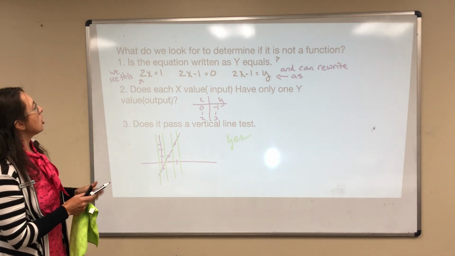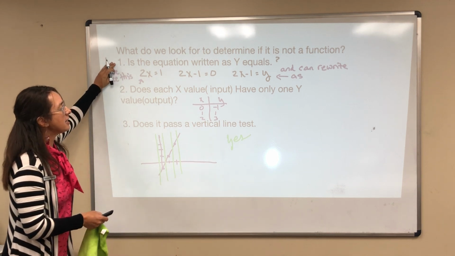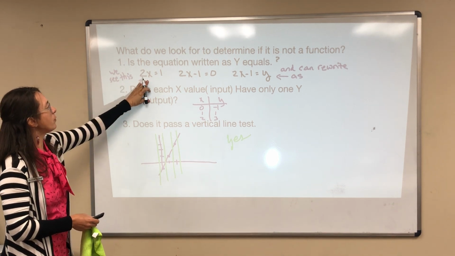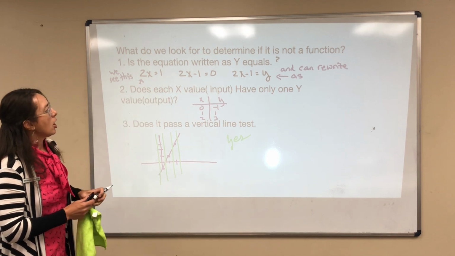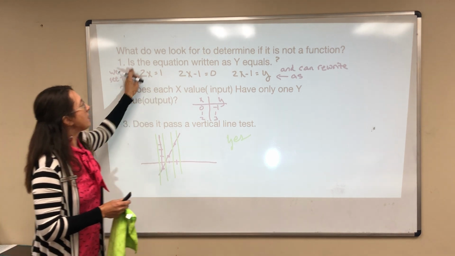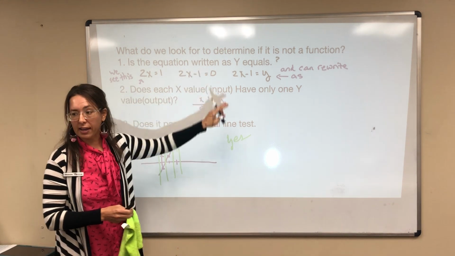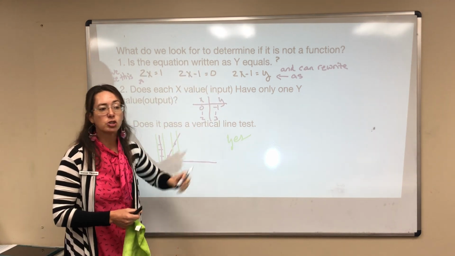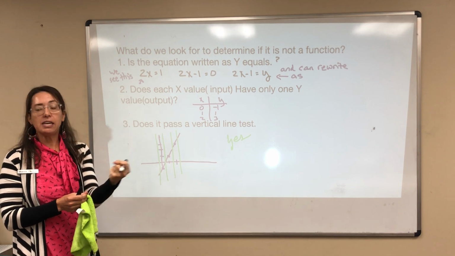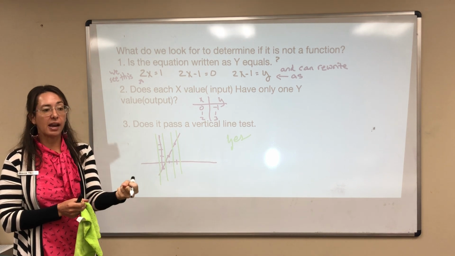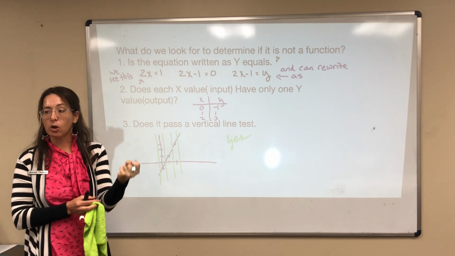So first we're going to look at the equation written as y equals. If we see 2x equals 1, all right? If there is no y in your initial equation and we get a 0 on the other side, we can replace the 0 with a y.